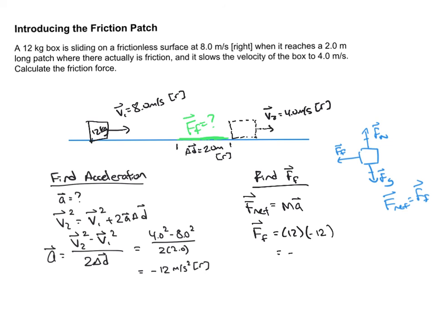This is going to go to two significant digits, so scientific notation is going to be applied here: 1.4 times 10 to the exponent of 2. Get the units in, get the direction in. So that's my answer, negative to the right, or you could have a positive answer to the left. That's your preference. All right, so that's the friction patch.